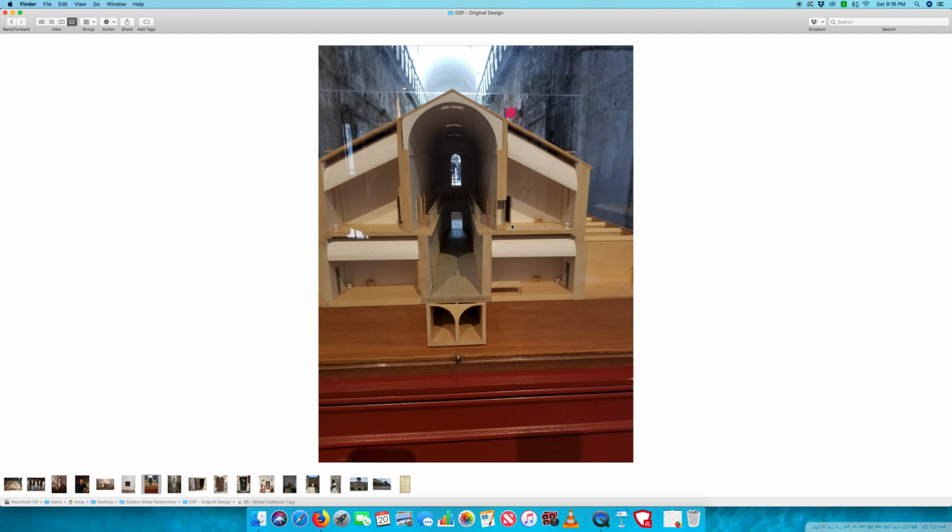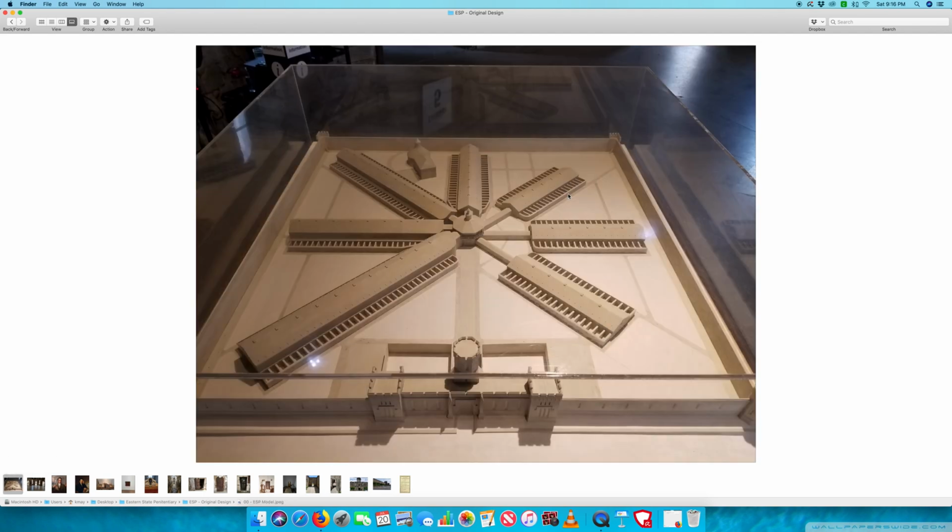So as we look at our model, the construction of the prison starts. We complete the first three probably around 1829. Construction continues. The original prison is completed in 1836.